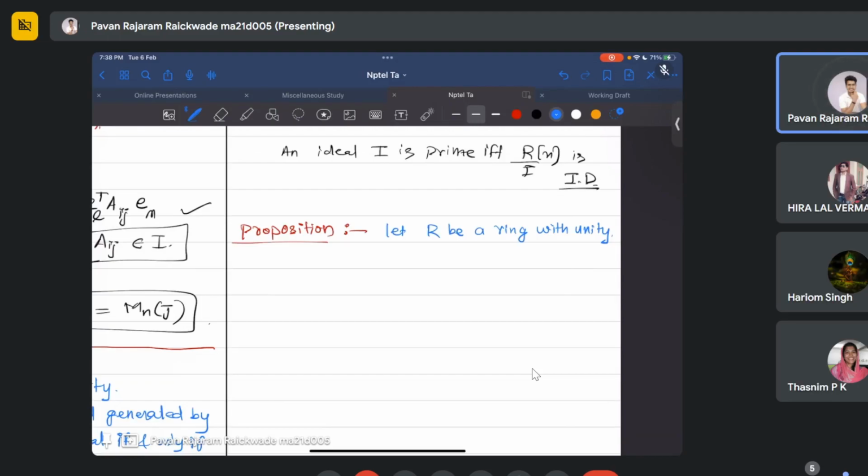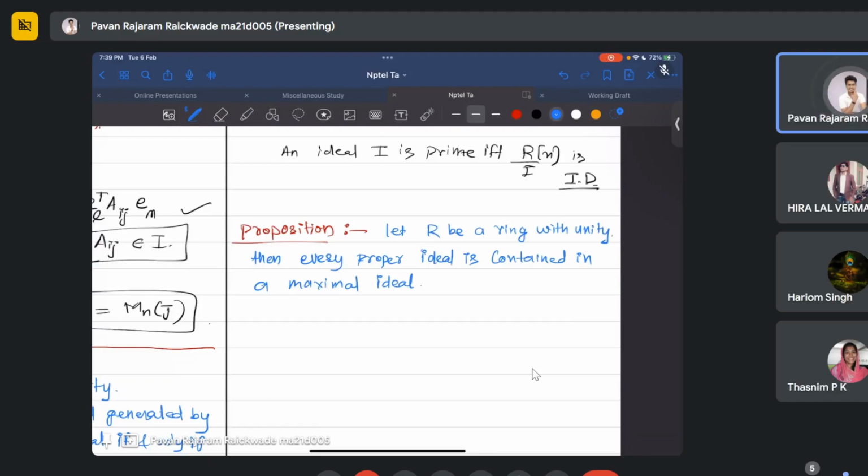Yeah, a ring with identity. Then every proper ideal is contained. Let R be a ring with unity, then every proper ideal is contained in a maximal ideal. Okay, this is the proposition.